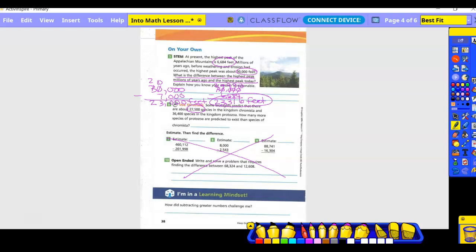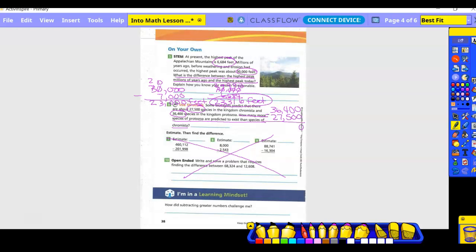So 27,500, 306,400, and then we need to underline what we're looking for. So what is my problem going to be? Or which one's going to go on the top? So 36,400 minus 27,500.